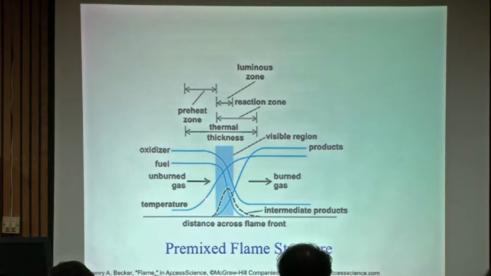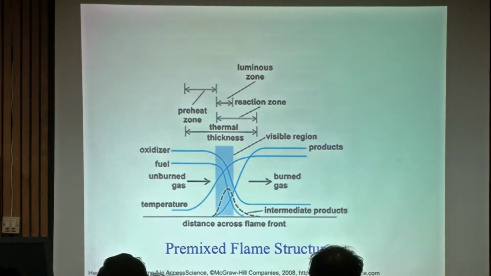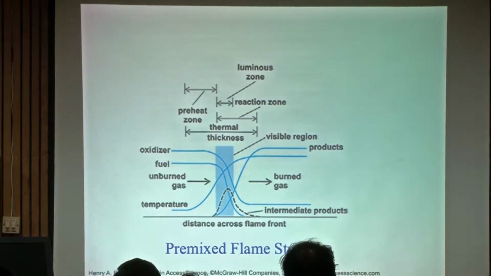If you look at the flame structure, the fuel and oxidizer are flowing into the flame, and what comes out? The products. So this laminar flame is like a reactor. It is similar to a jet-stirred reactor in some sense.